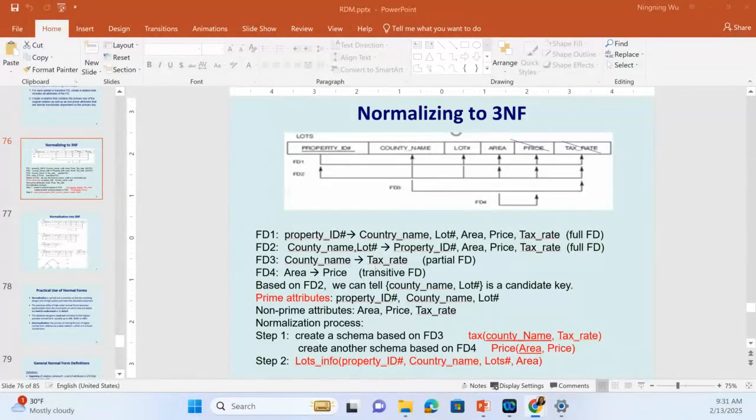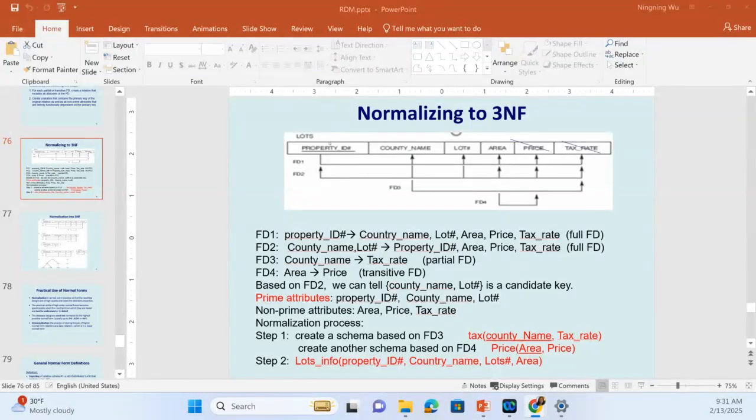That's usually a bad sign for the design of this schema, because both partial and transitive functional dependencies are the root cause of the redundant data in our table. Okay, so here in this example we have one partial and one transitive.